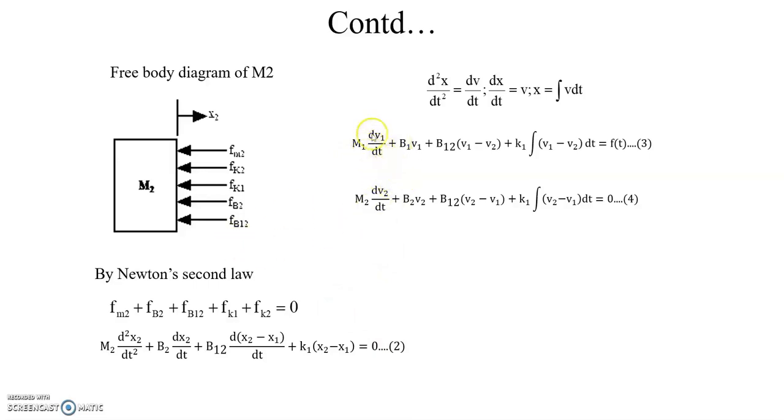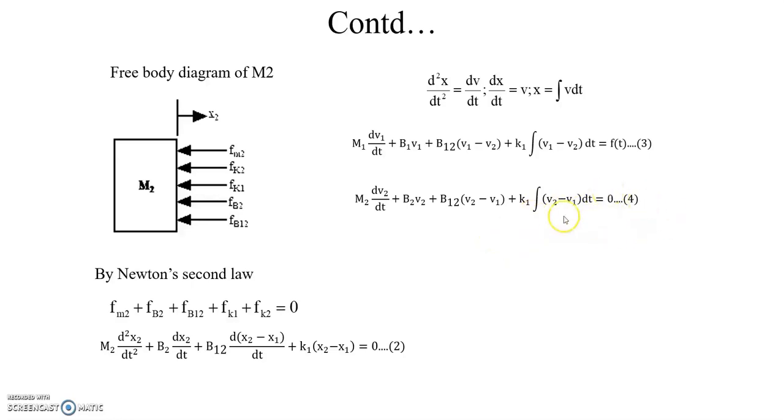Equation 1 becomes M1 dV1 by dt plus B1 V1 plus B12 into V1 minus V2 plus K1 into integral of V1 minus V2 dt is equal to F of t. This is named equation number 3. Next, the second equation becomes M2 dV2 by dt plus B2 V2 plus B12 into V2 minus V1 plus K1 integral of V2 minus V1 dt is equal to 0.